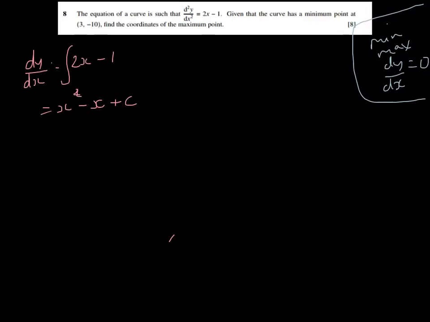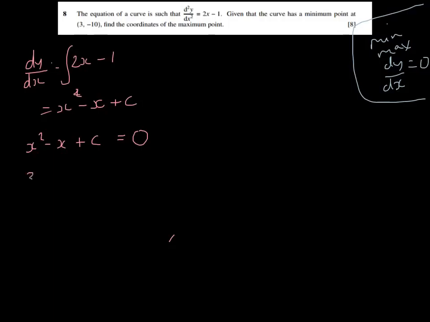I'm trying to find the coordinates of this other maximum point, which means I actually need the full equation of the gradient function. I don't want that plus c, I want to know what that number is. So I need to put in some information. There's two things I know. I know that x squared minus x plus c, the gradient function, will equal 0 at a minimum point, and at the minimum point, x is 3.